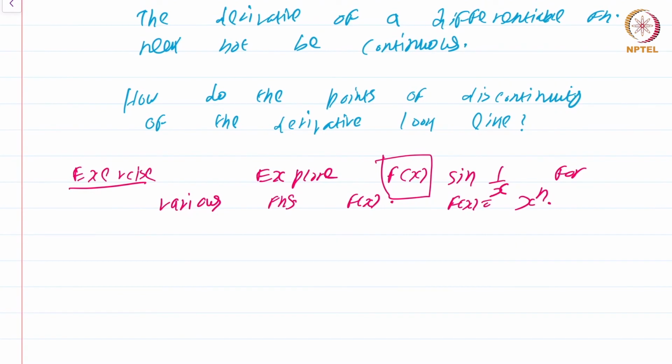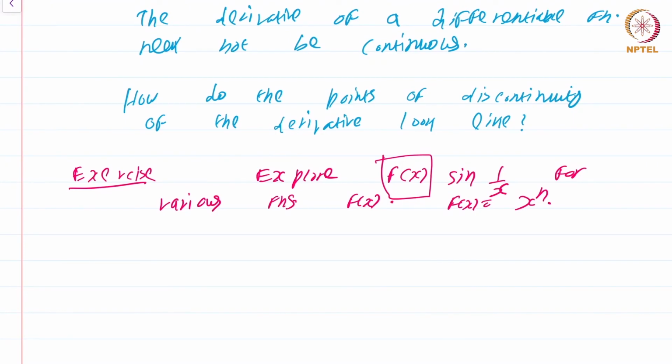So we have now seen some examples of differentiation, and we have also seen that the derivative does not always behave nicely. Even when you temper the sine 1 by x function appropriately, there seems to be some problem with the derivative. Now, in a later module, I will show Darboux's theorem, which says that the derivative will nevertheless satisfy the intermediate value property.